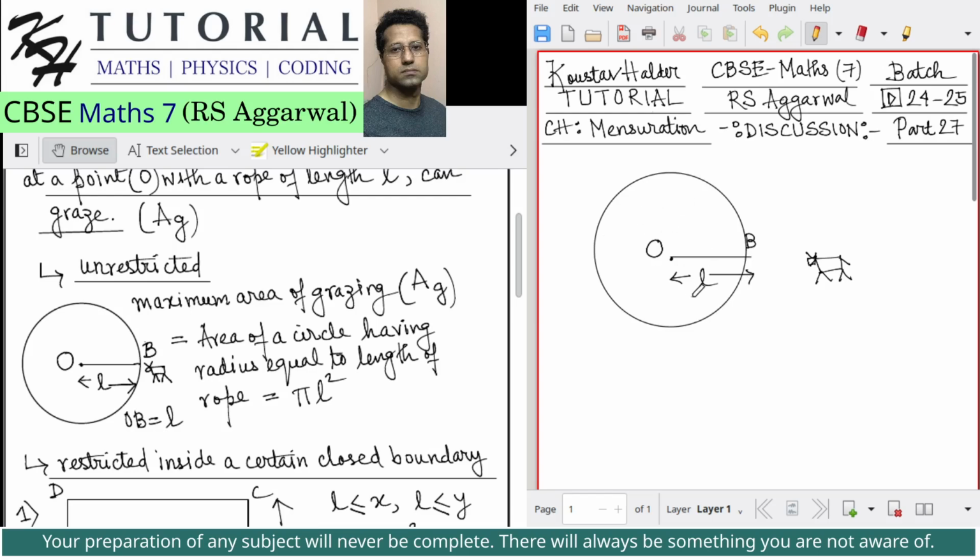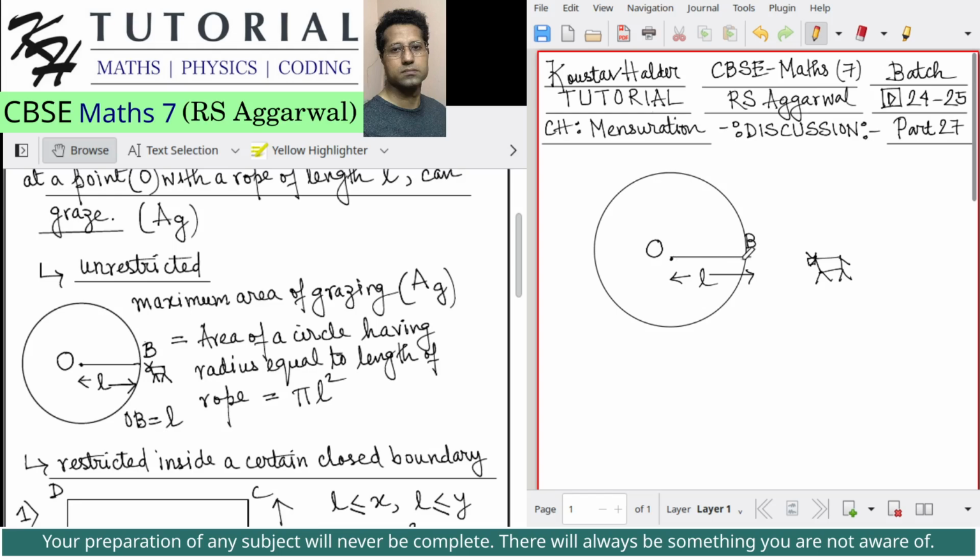So the area of the circle is the maximum area that the animal can cover, where the animal is tied at the point O by a rope whose length is small l. So basically, the point O is fixed, it will not change.